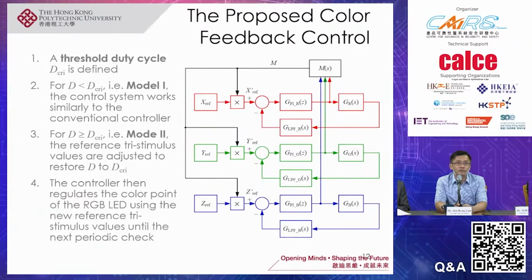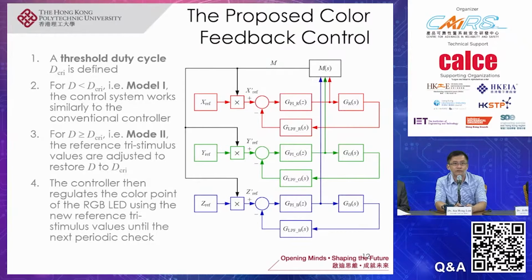Coming back to the proposed color feedback control. After a certain point, the duty cycle of the LED will exceed the maximum value, and the system will lose controllability. To maintain the controllability of the lighting system, we need to reduce the duty cycle of the PWM signal, and one way to do that is to reduce the reference value.